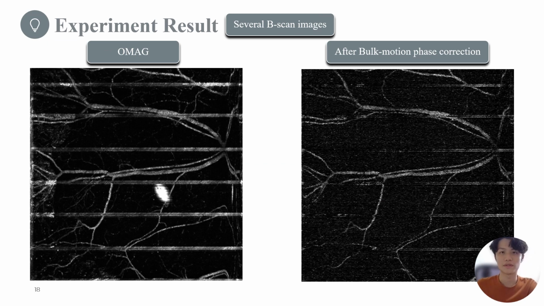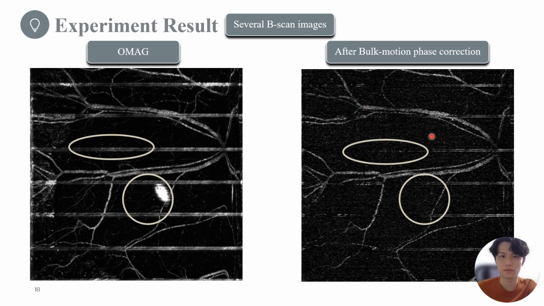In addition, when we stack several B-scan images and observe them in the Z projection, we can find that after bulk motion phase correction, the horizontal strip noise in these two circles has been eliminated, but the small microvessels in these circles have been removed too.